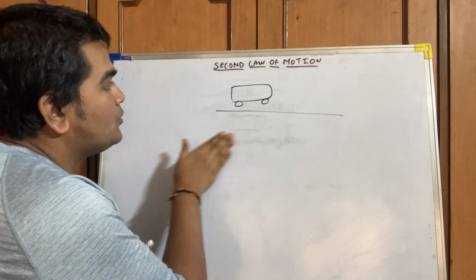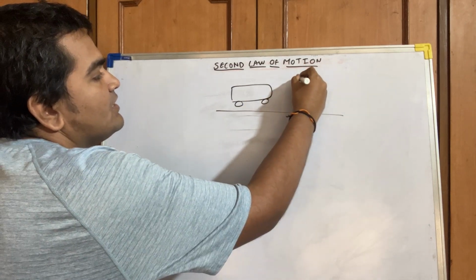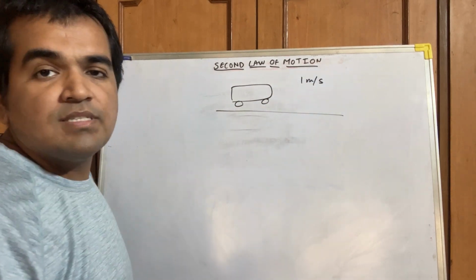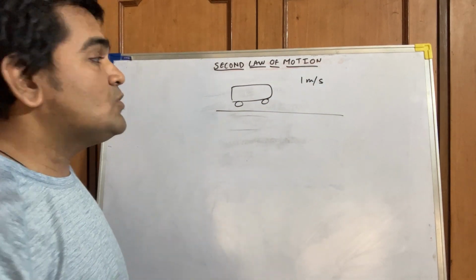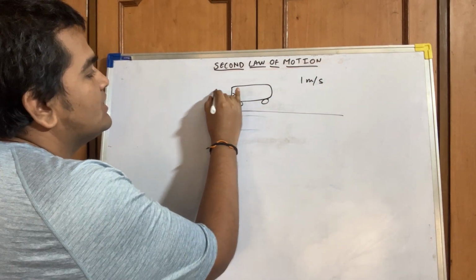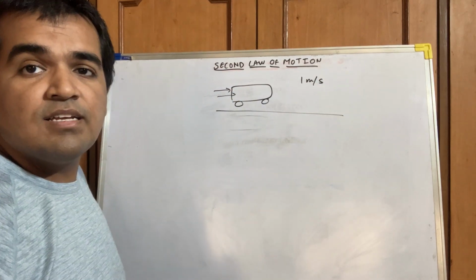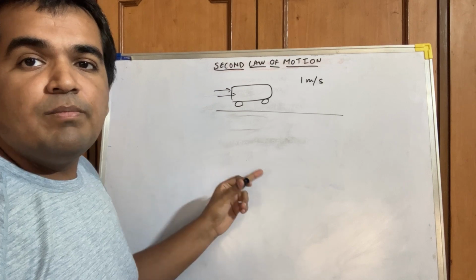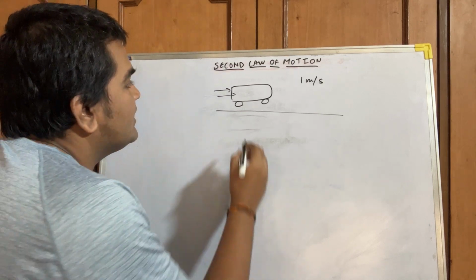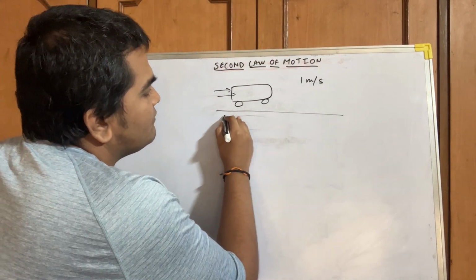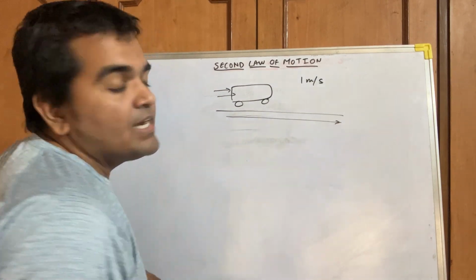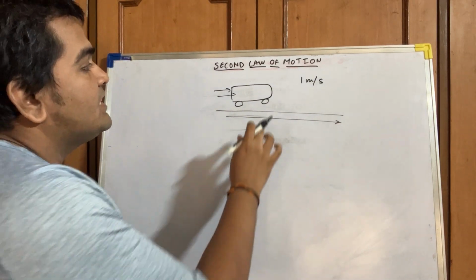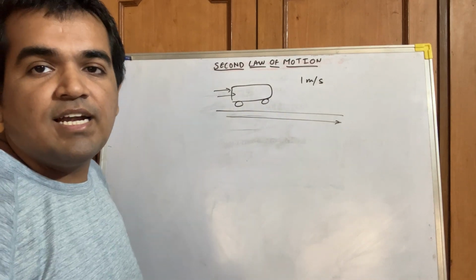We need to push the car with an acceleration of 1 meter per second. Suppose two persons push a car for a certain distance, it may not start, but if they push it for a certain time, it may gain an acceleration and the engine may start.